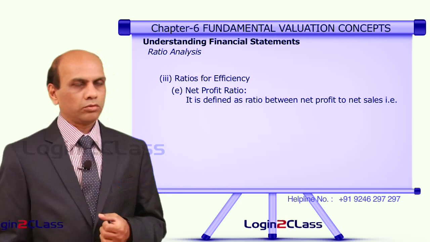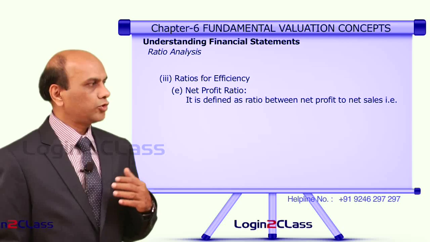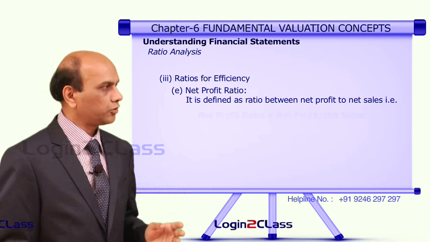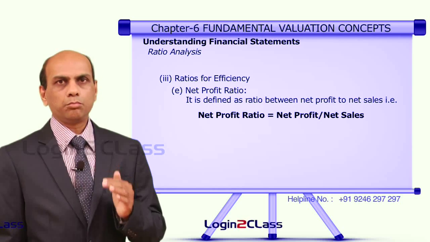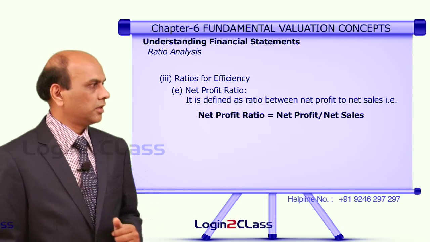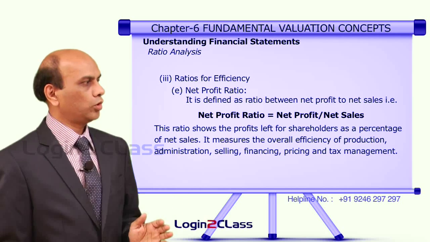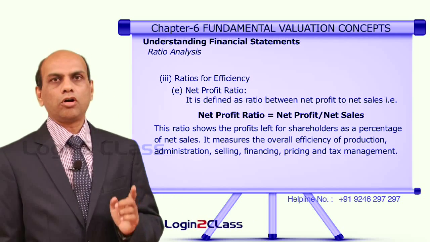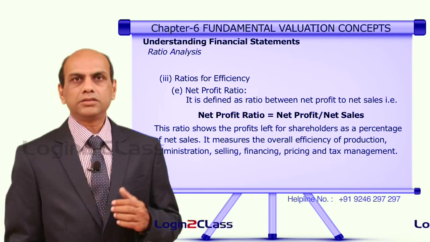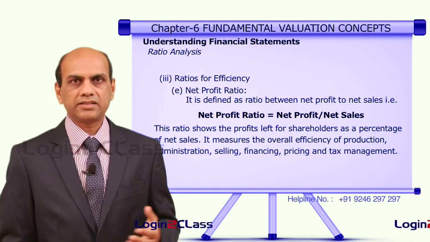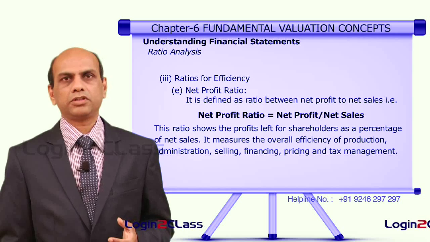Net profit ratio, it is defined as the ratio between the net profit to the net sales. That is, net profit ratio is equal to net profit by net sales. This ratio shows profits that are left for shareholders as a percentage of net sales. This is very important because we are able to understand after all the taxes etc. what is the amount left for the shareholders.